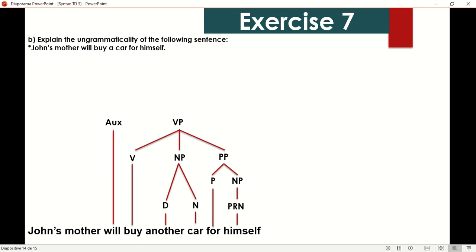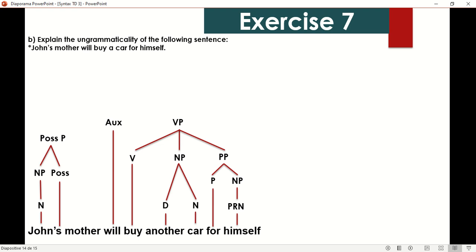John's mother is a possessive phrase. We haven't dealt with possessive phrases in the course because we are not going to have them in the TDs or in the exam. We are not going to focus on them. You won't have them in the exam. It's very simple. So we have John, who is the possessor, of course, of the mother, NP. Then you add the apostrophe S as possessive, and you name it a possessive phrase.